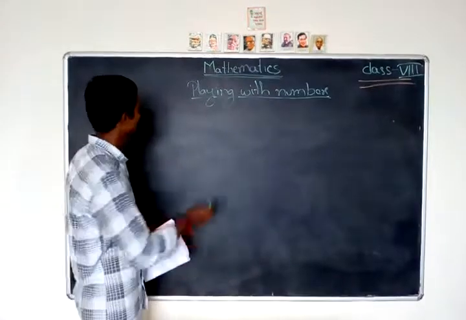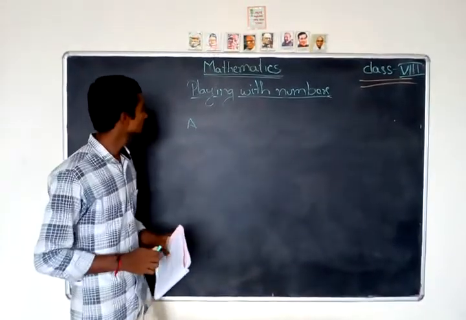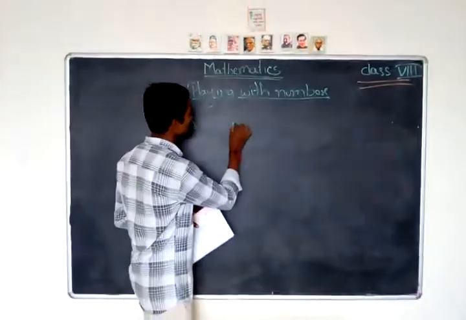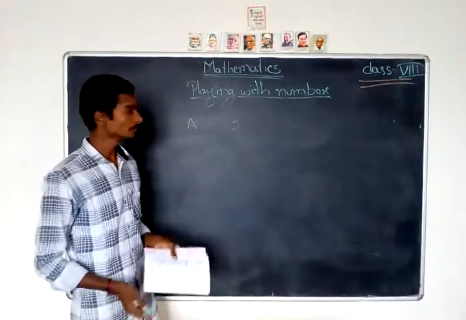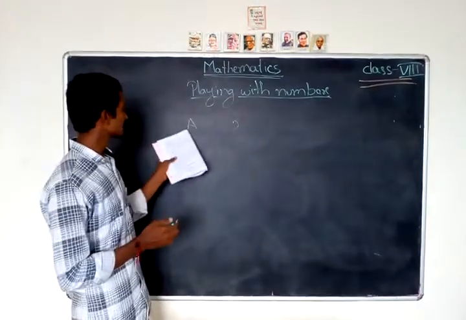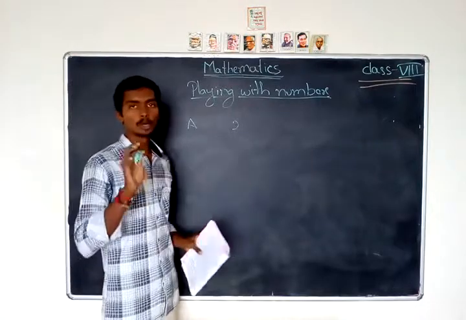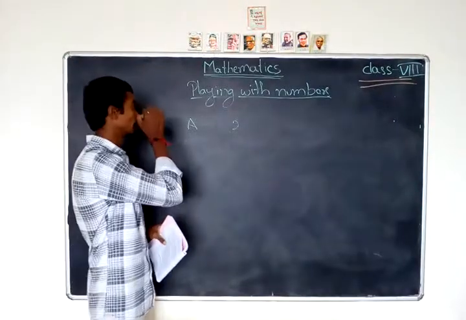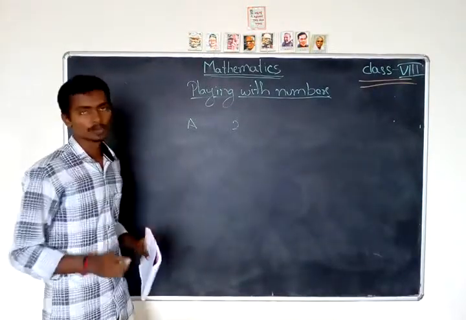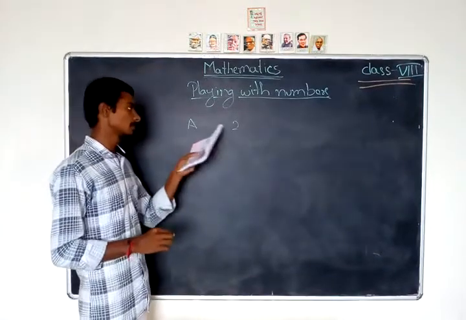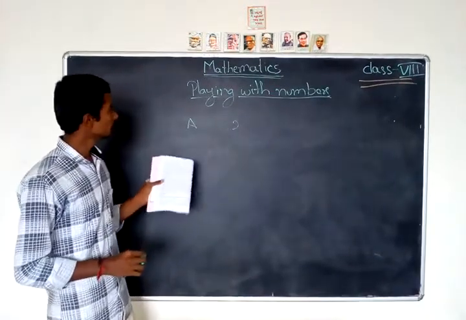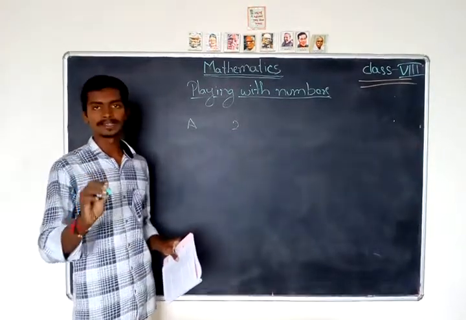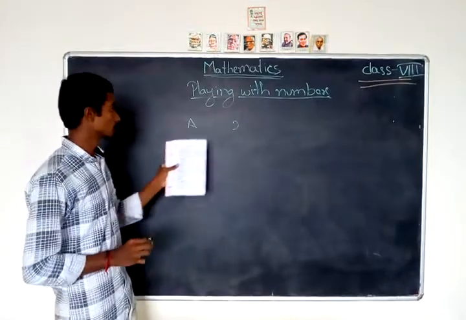Suppose I give you a number A and I want you to divide it by 2. You can say that A is divisible by 2 if you get a zero remainder, and if you get a non-zero remainder then it is not divisible by 2.